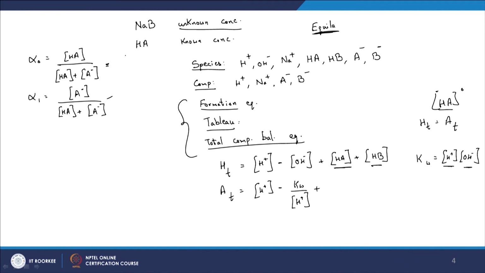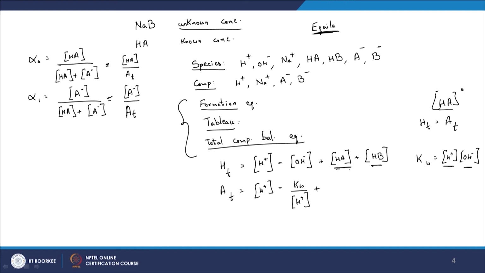So that is what we have here, alpha naught and alpha 1, right. And we know that this is equal to what now? HA by, as you can see from your component balance, A total, and this is equal to A minus by A total. This is from our previous background, so I am obviously not going to go through it in greater detail.